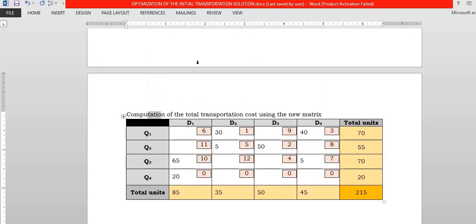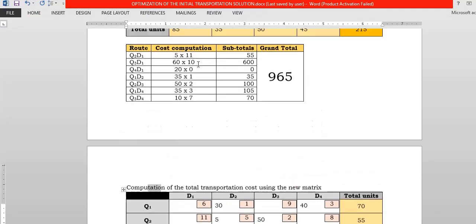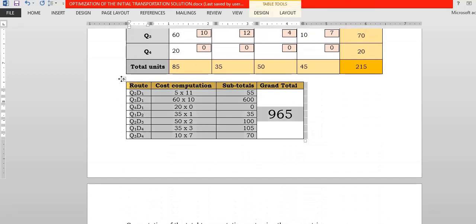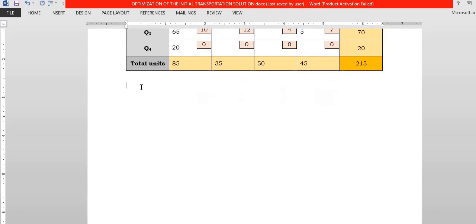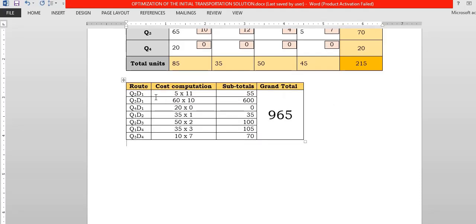Now this is the new matrix, so let's copy the other computational section and replicate it down here, but this time we're going to remove all these items because they are not going to be there.